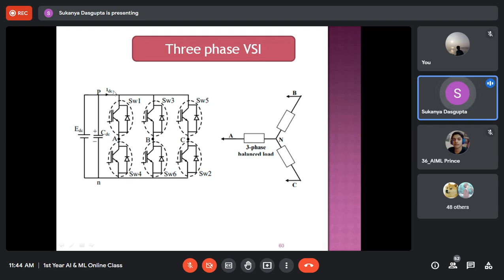Now suppose, for example, the switch SW1 is working. Switch 1 is turned on. So what will happen? The current will be passing through this switch, right?